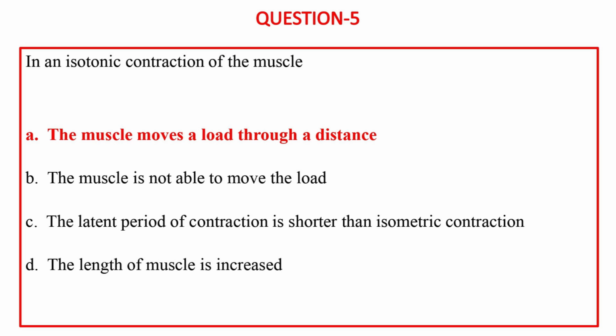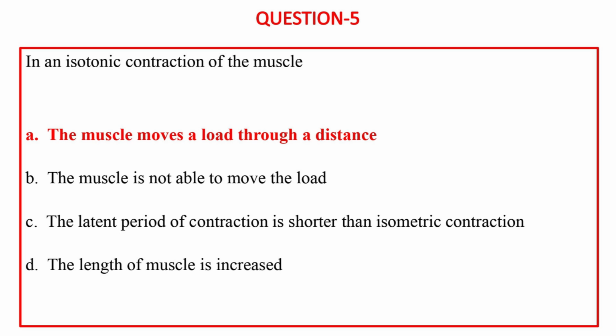If you see, in an isotonic contraction the tension remains the same, but the muscle is allowed to shorten during the contraction. When this happens, there is external work done by the muscle, which is called the load being lifted. In an isometric contraction, however, the tension is increased, it does not remain the same, and the muscle is prevented from shortening.